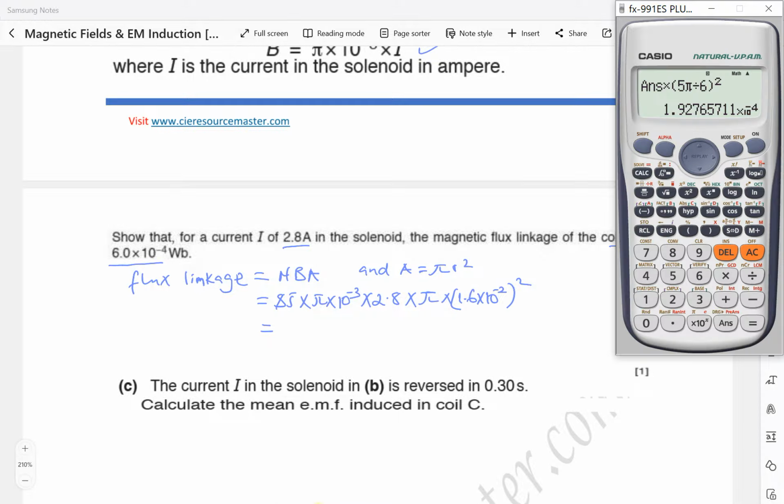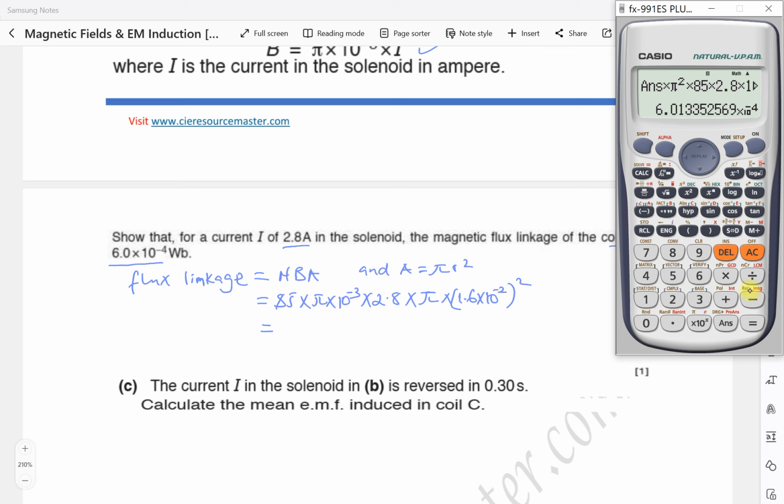So we can check with our calculator. 1.6 exponent minus 2, squared, times pi squared, because there are two pi's, times 85 times 2.8 times 10 exponent minus 3.